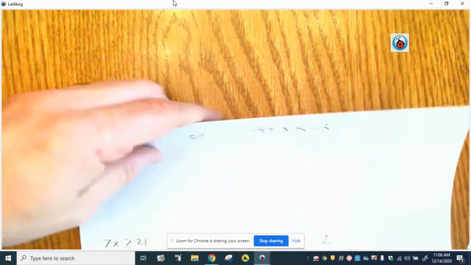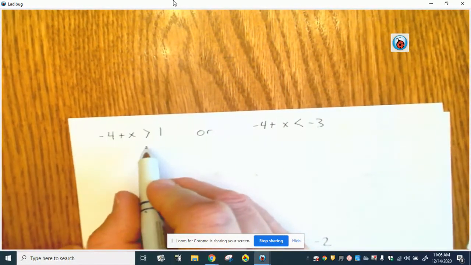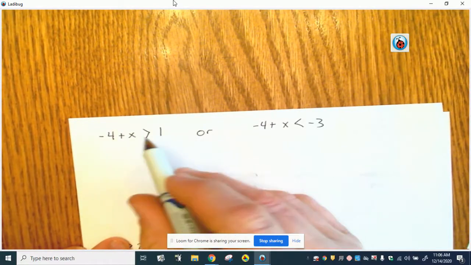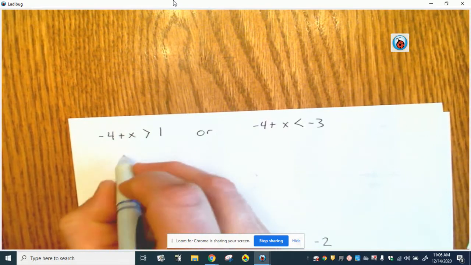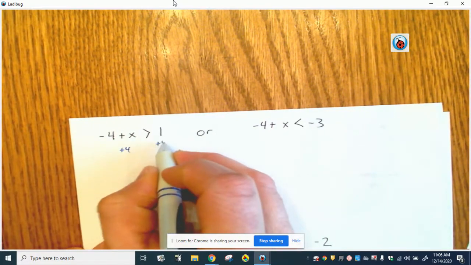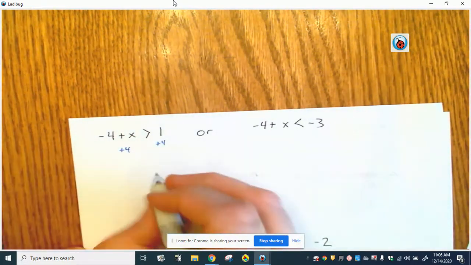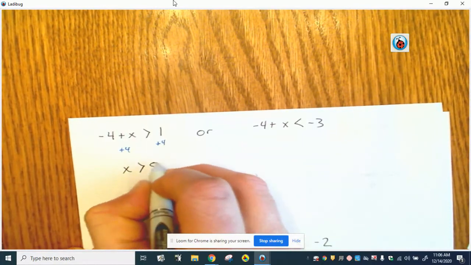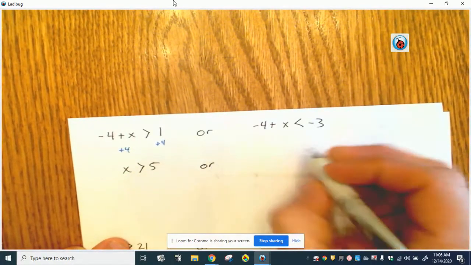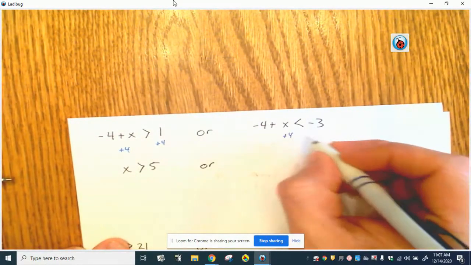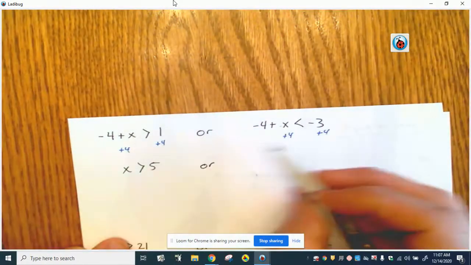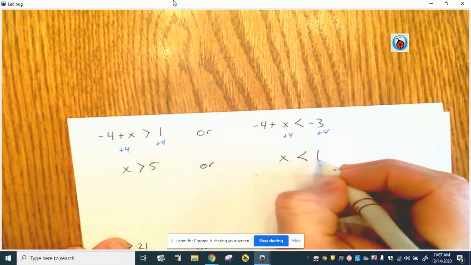When you run into "or" problems, they're always going to be written as two different inequalities. Sometimes they're the same, sometimes they're not. In this case, I want to get the x by itself, so I'm going to add 4. I'd be left with x is greater than 5. Or, over here, I'd again want to add 4, but I'd have to add 4 over here, and I'd get x is less than 1.